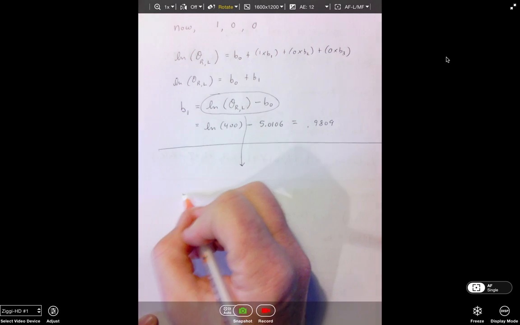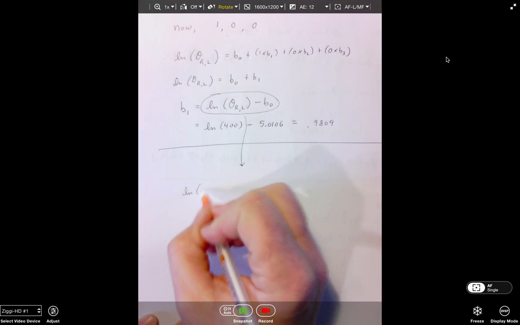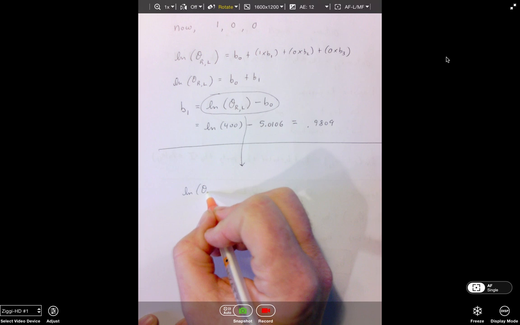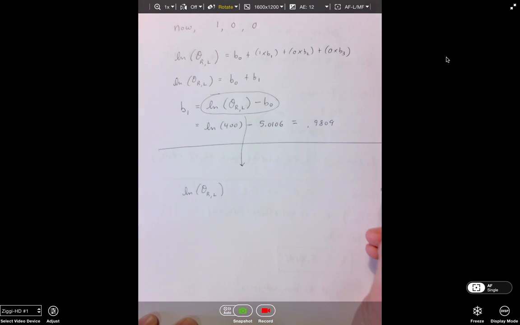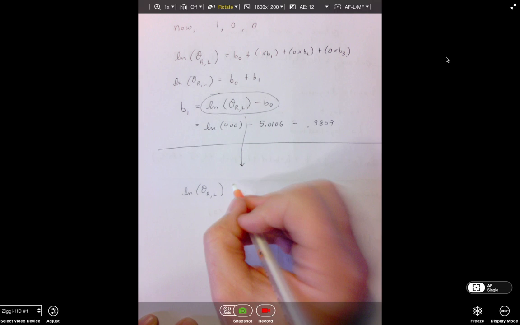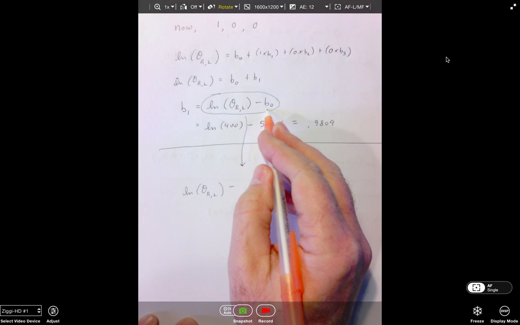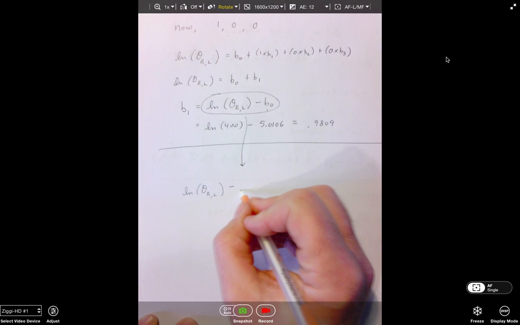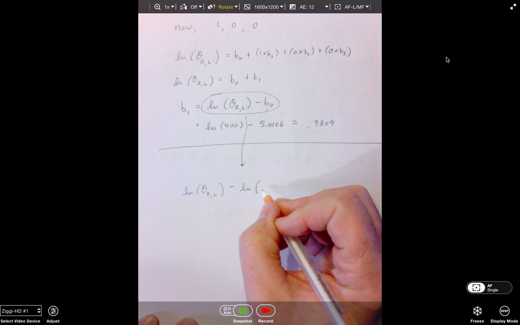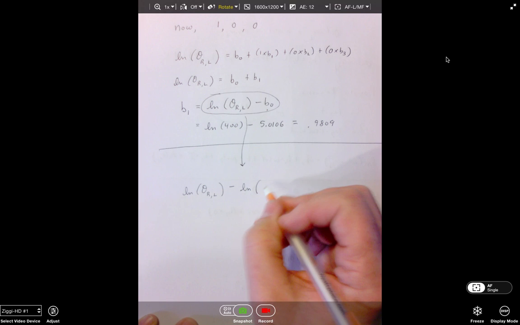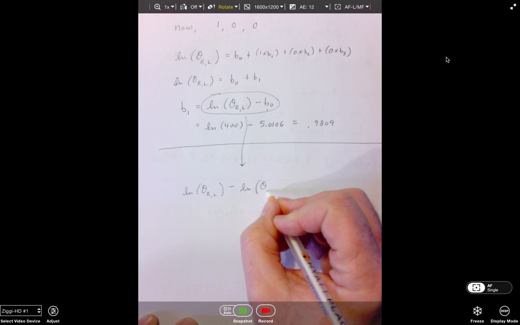Well, this is really just the natural log of the observed value for a Republican who is pro-life minus, if we go back to B0, we remember that that was just the natural log of the observed value for a Democrat being pro-life.